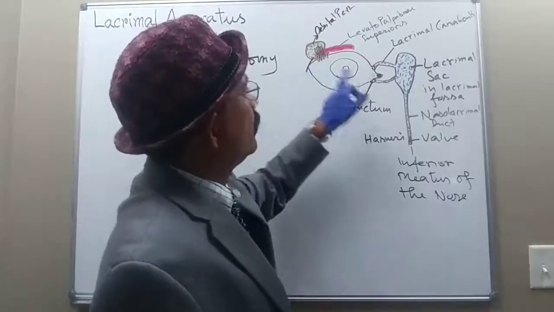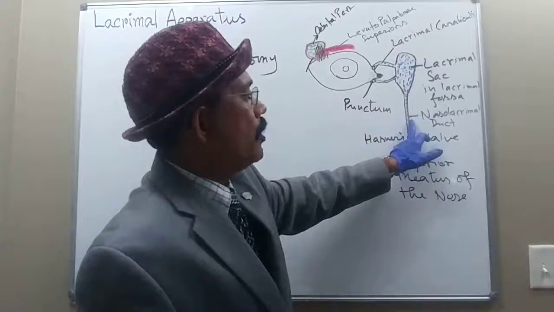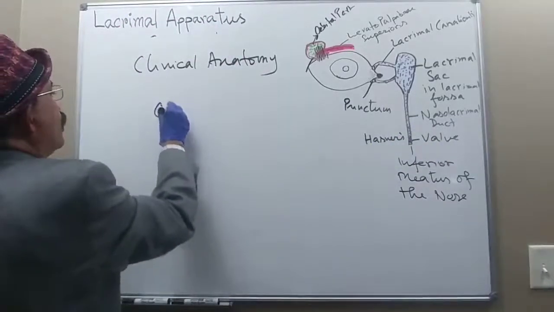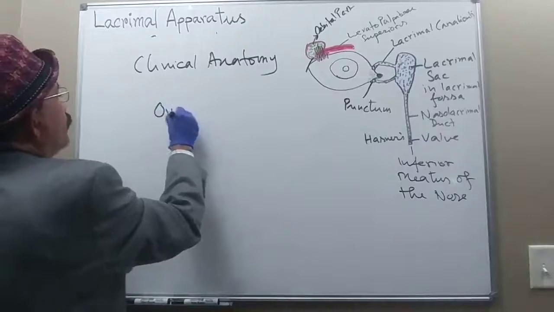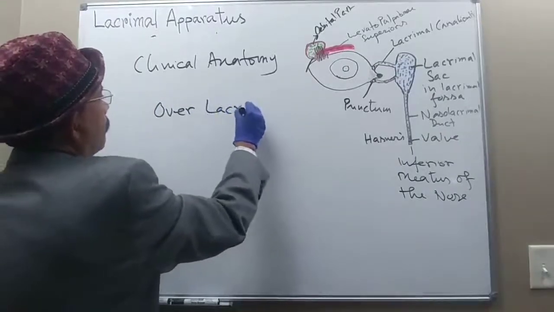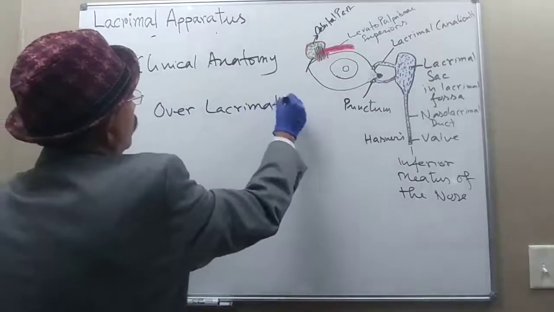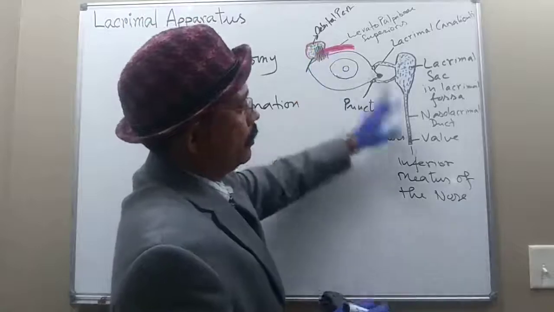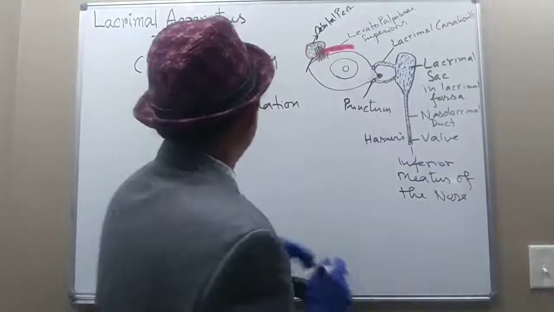Another problem is that this duct may be blocked. In that condition, we have over-lacrimation. That may happen. Okay, it may be due to excessive production or maybe due to blockage here.